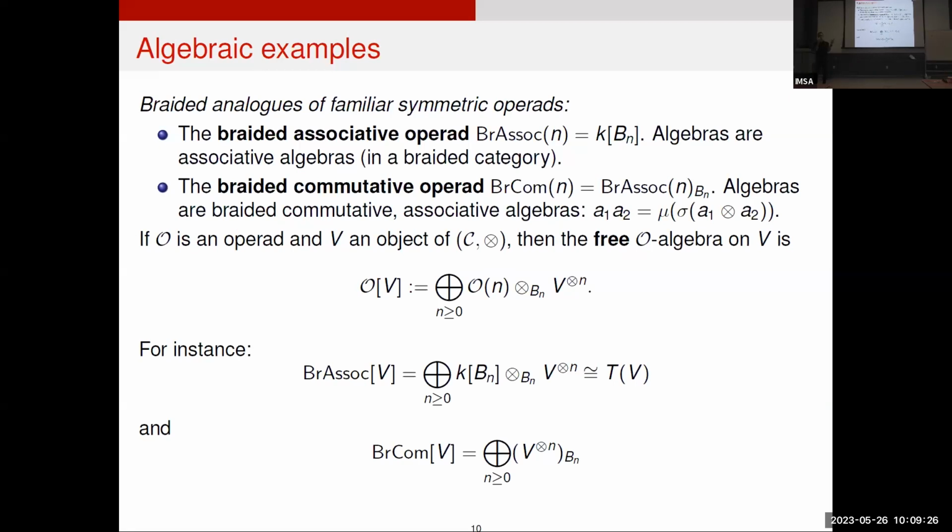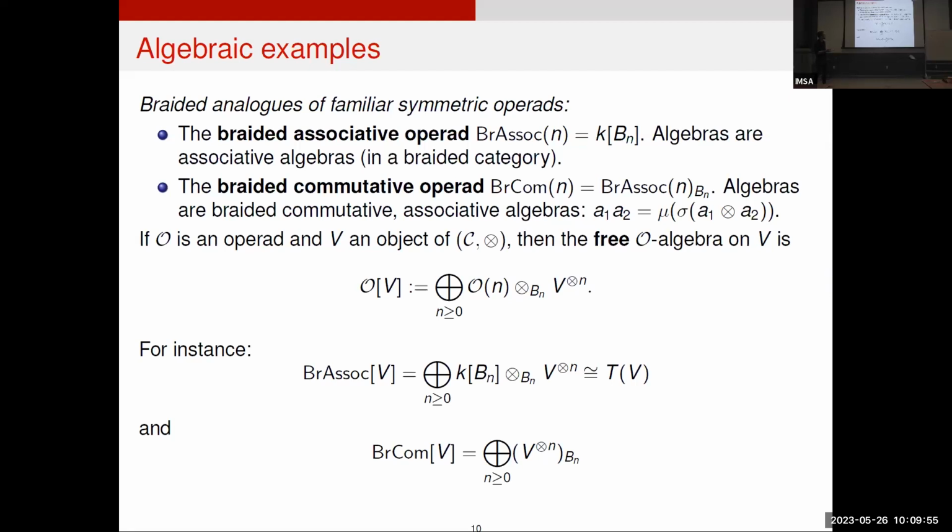Elements of the nth braid group are supposed to now parameterize n-ary operations on an algebra. So I apply the braiding, I use the braid group to move them around, and I just multiply. Just as in the associative operad, it's the symmetric group that allows me to commute the terms and multiply, now the permutations are coming from the braid group.